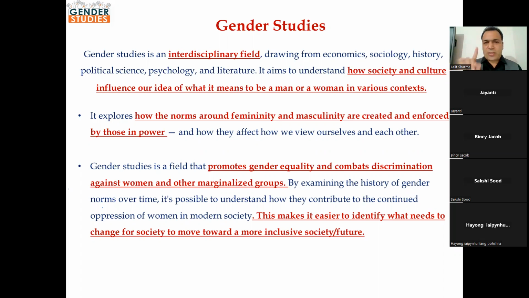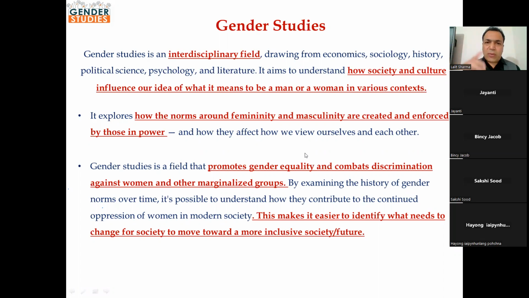Okay. First of all, gender study is an interdisciplinary field. Right, guys? What is the meaning of an interdisciplinary field? It means it combines the methods, principles, and techniques of various disciplines, right?